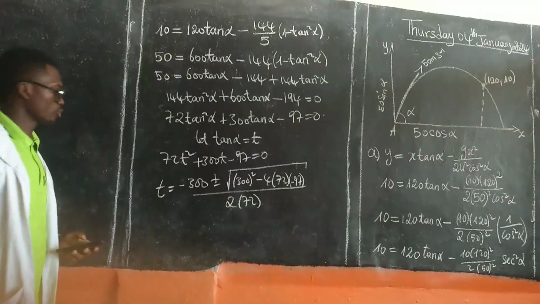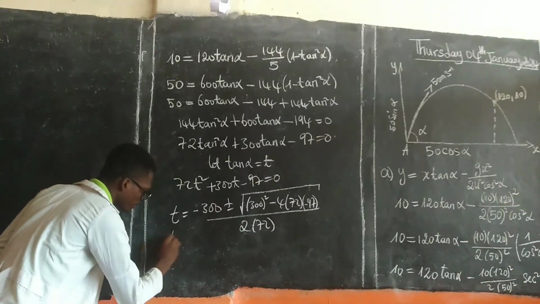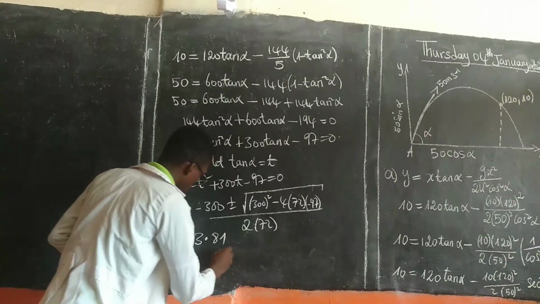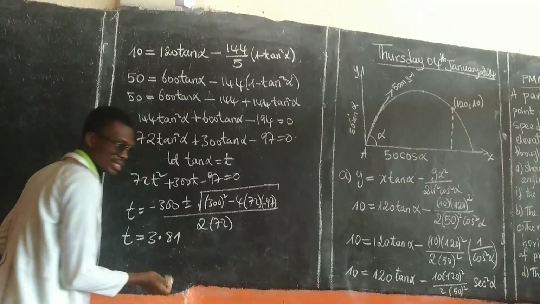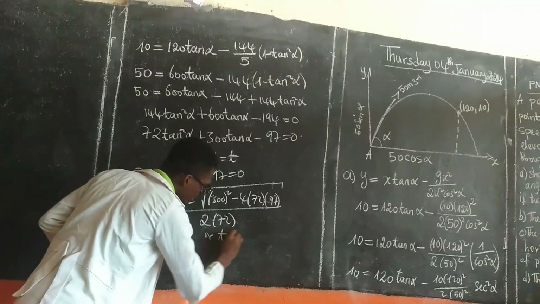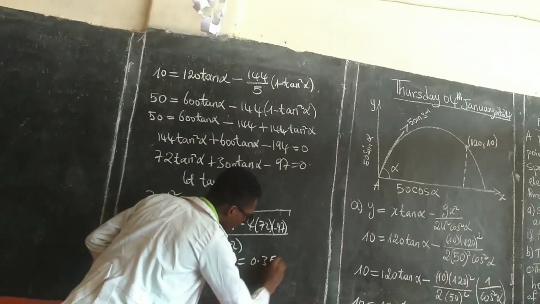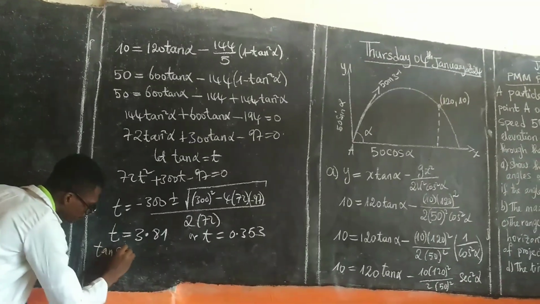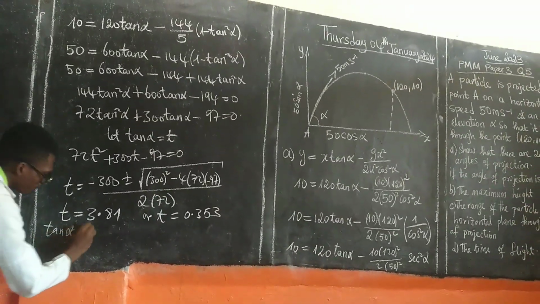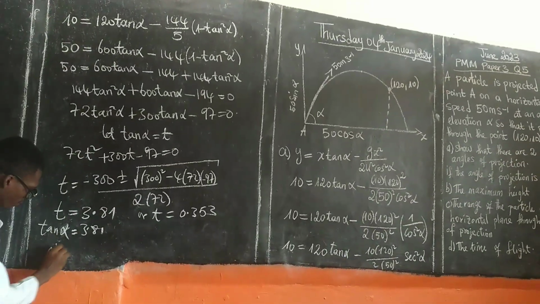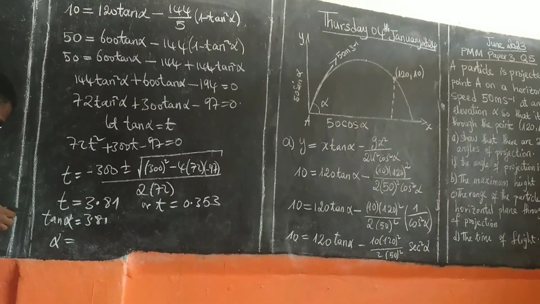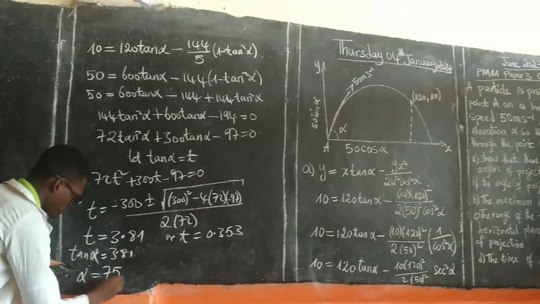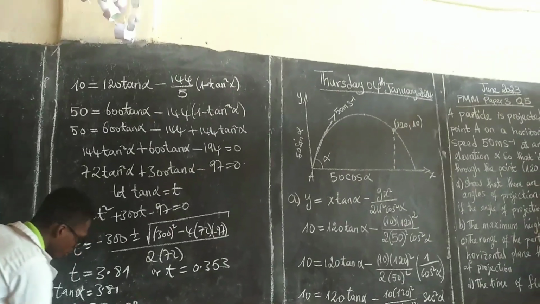So from here we have that t can be equal to 3.81, or t is equal to 0.353. So it means tan alpha is 3.81, and alpha is the tan inverse of 3.81, which is 75.29 degrees.